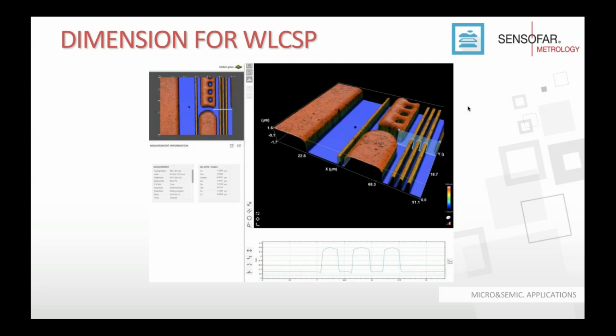You can also choose if you'd like to image these types of samples with the confocal capability, which does provide the best lateral resolution, or you could also image it with our interferometer, so you can have very tight tolerance and high resolution in the Z range. Both capabilities work.